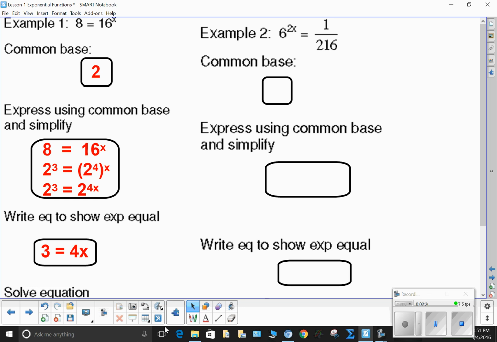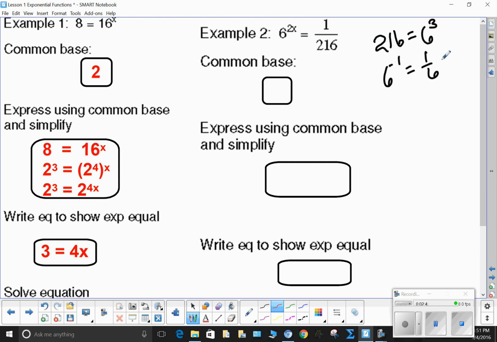If you consider that 216 is equal to 6 cubed, and 6 to the negative 1 is equal to 1/6, it would follow that 6 is a common base, and that the way you rewrite it is 6 to the negative 3.